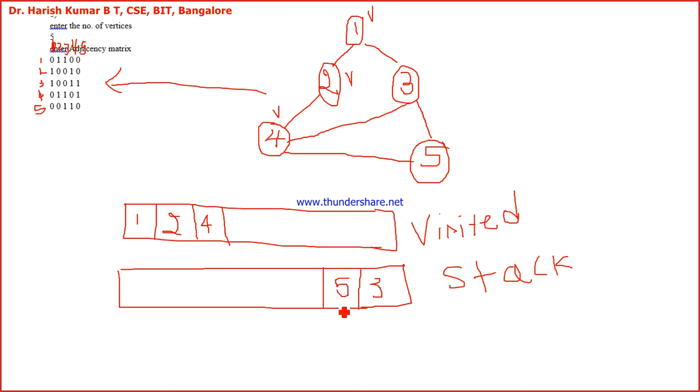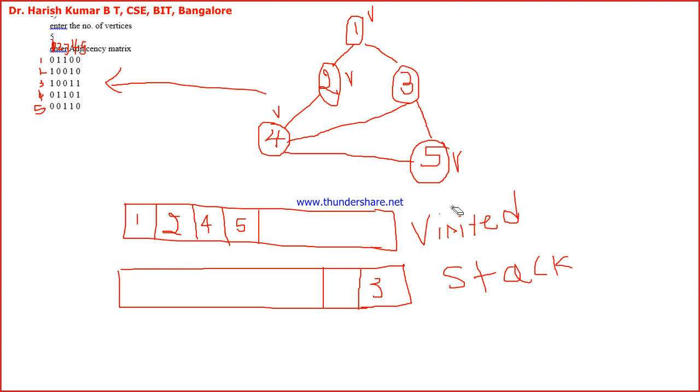So 5 is pushed onto the stack. Okay, and the next node to visit is 5. And this top was here. Now 5 is also visited, and 5 should be popped out from the stack.